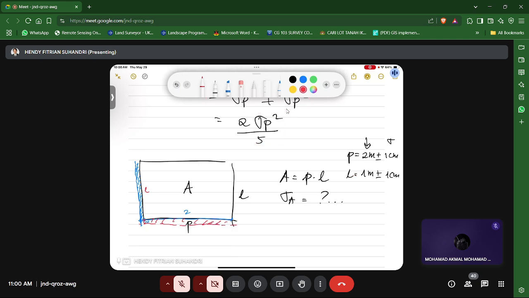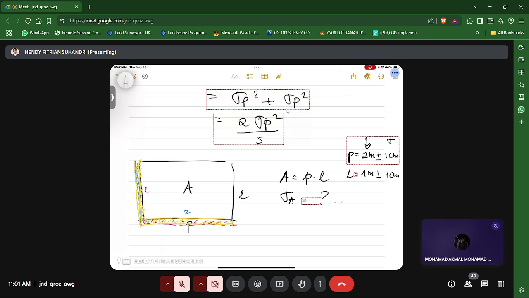So what actually I want, if I have my size longer 1 cm each for P and L, I have this area actually. Now the question, how big is this area? That means the question is law of error propagation.